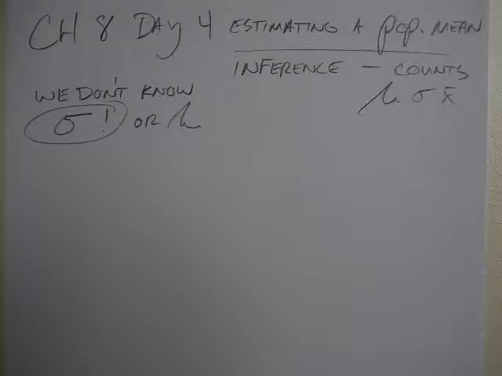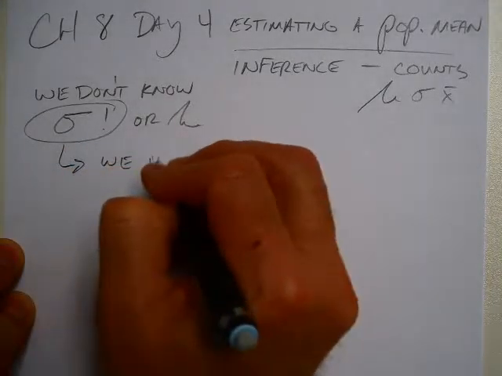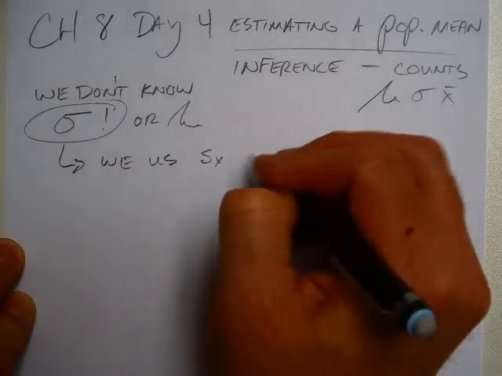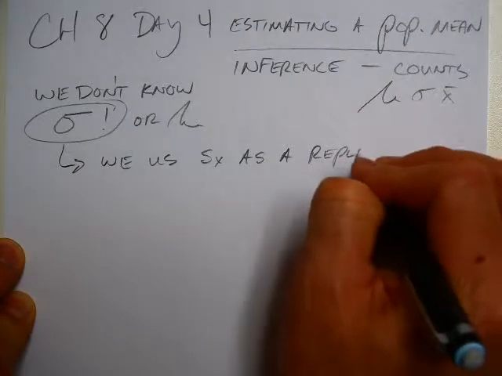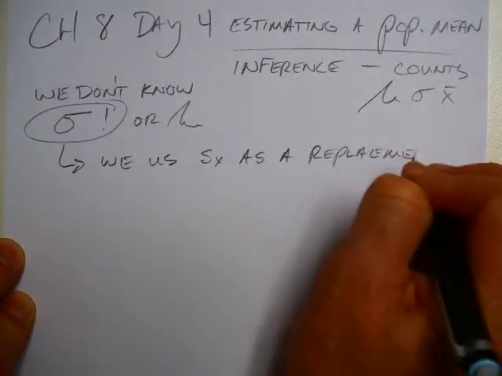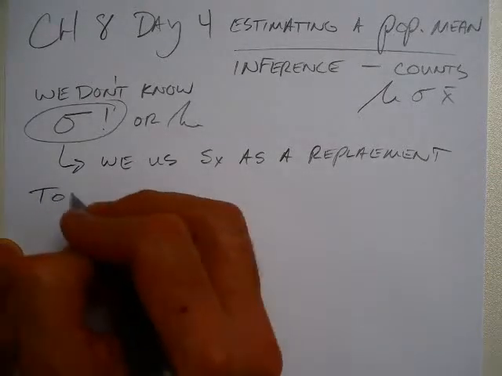What does sigma correspond to for samples? S of x, right? S or S of x. So we use S of x as a replacement to calculate the margin of error.